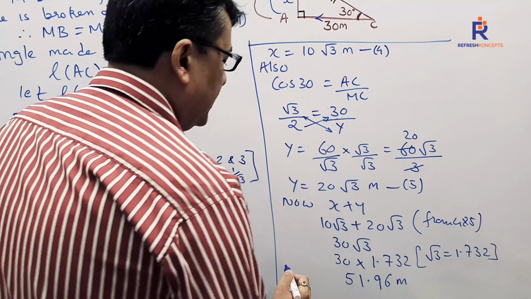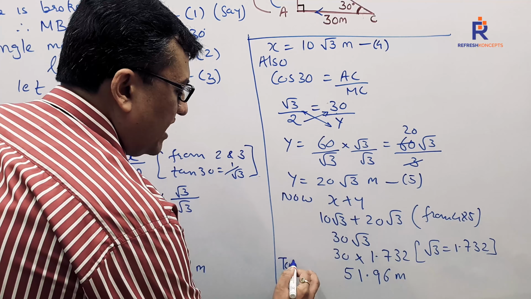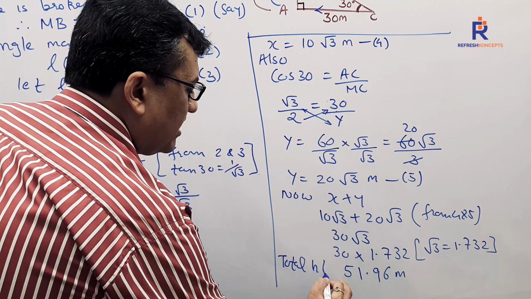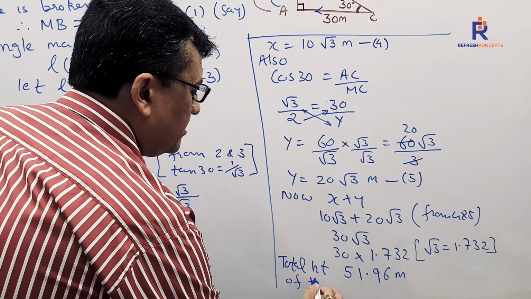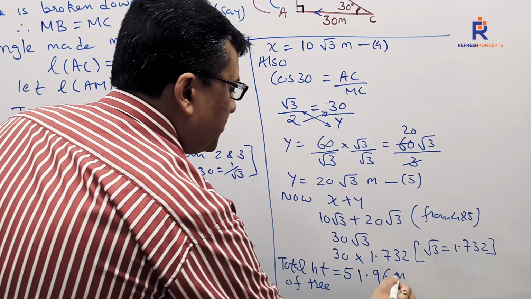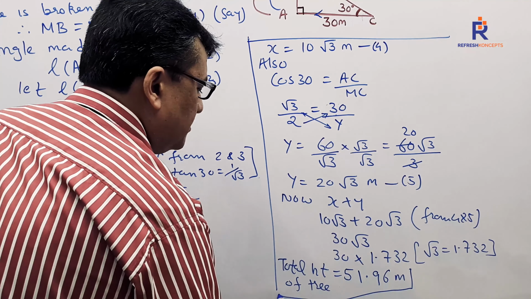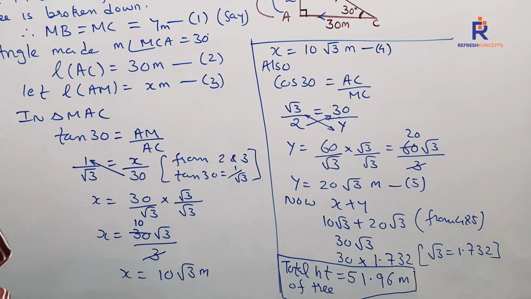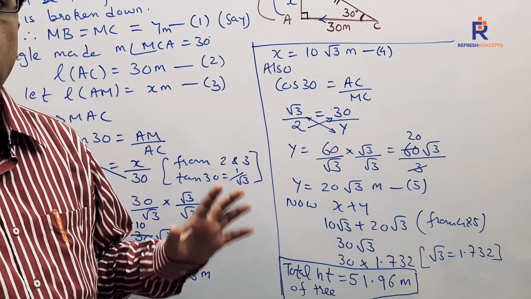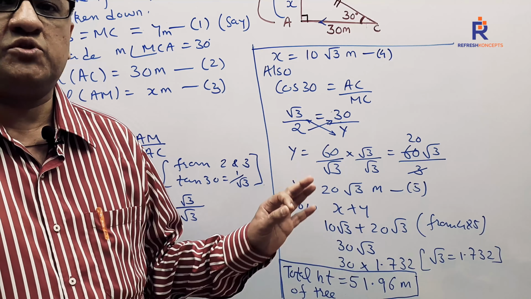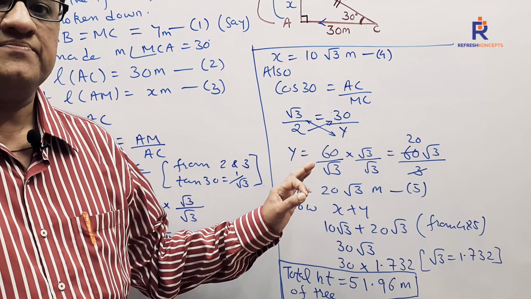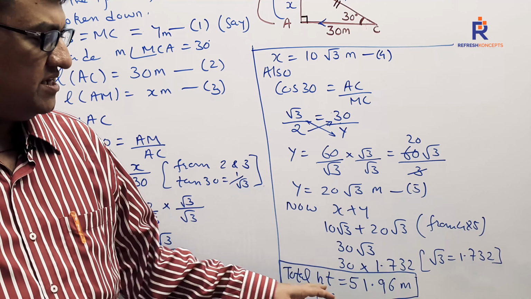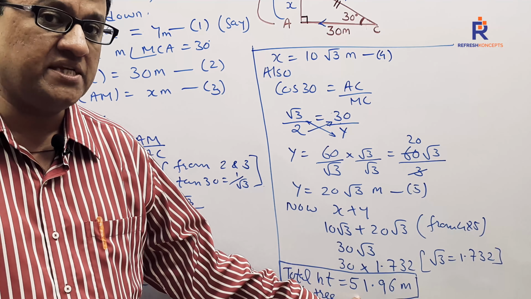You can finally say that's nothing but the total height of the tree. Total height of the tree is 51.96 meter. Once again, as I stated in my previous sum, the examiner can always ask us to correct up to the nearest integer. The answer will be 52 meter.